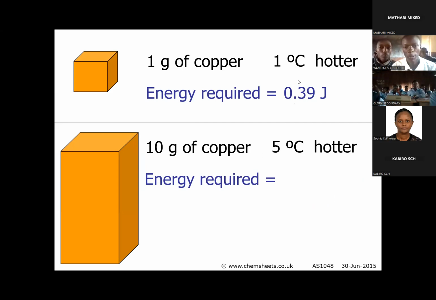If the specific heat capacity is 0.39 and I have 10 grams of copper and I want to heat it by 5 degrees, what will the answer be for the energy required? It's simple. This is basically just physics, but it's where chemistry and physics cross over. So let's have a quick calculation.